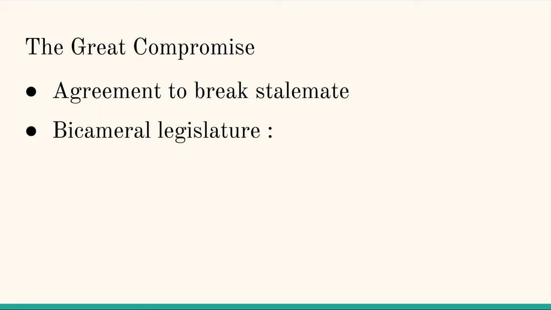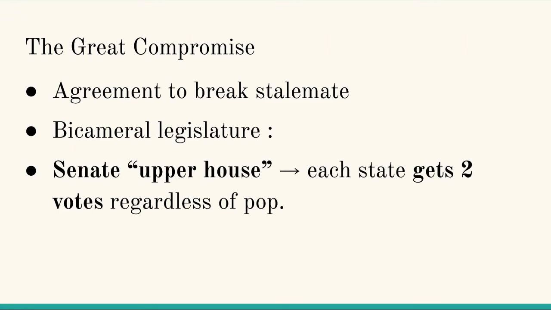What happens, I would write the second bullet point down. It creates that bicameral legislature. So that's taking the idea from the Virginia plan, but we're going to tweak it a little bit. We're not going to do straight population size voting like what they want with the Virginia plan. First, we're going to create those two houses, the Senate and the House of Representatives. These two names should sound pretty familiar to you.